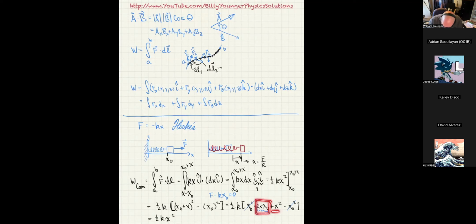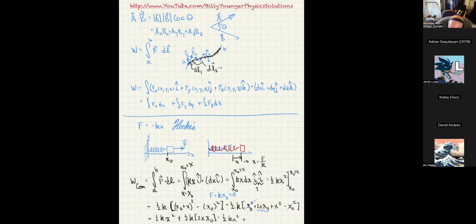Now I'm going to evaluate this term, and when I evaluate that term, it's going to be plus 1 half k times 2x x0, which you can see is going to be k times x0 times x, plus 1 half k x squared.